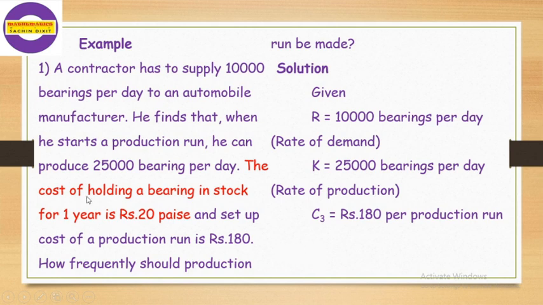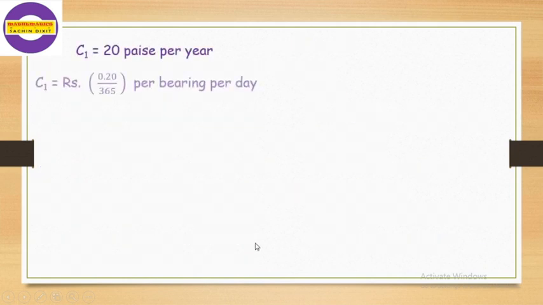So first we have to convert this cost C1, 20 paisa per year, into per day. It will be 0.20 divided by 365 per bearing per day. C1 is equal to rupees 0.00055.